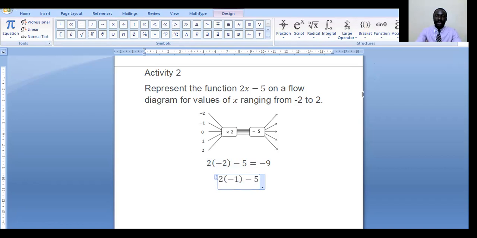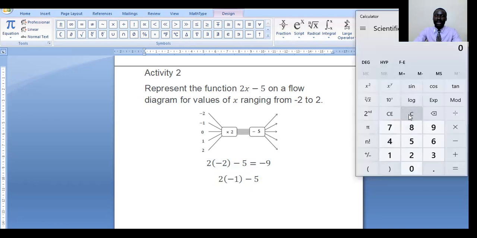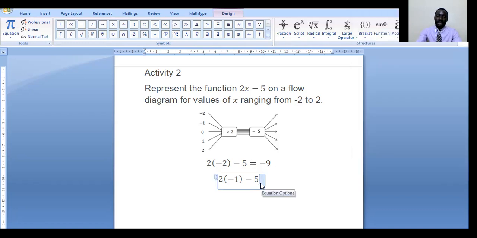When we do this calculation inside the calculator, we'll have 2 times, and we have 2, but this time negative, like this. It's 1, but it's negative. Then we close the bracket. Now minus 5. We get -7. So yes, this gives us -7.